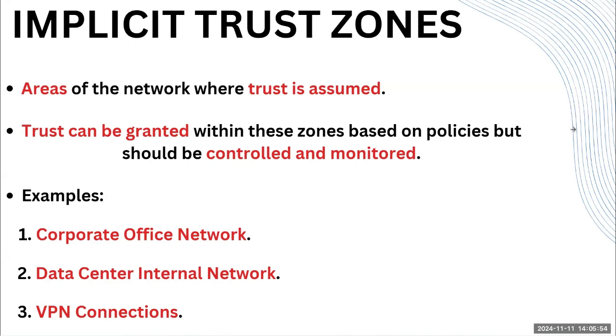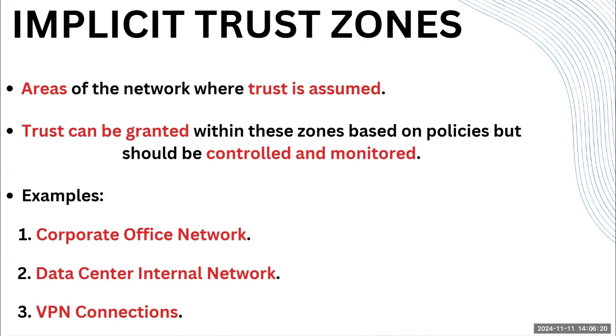So when we were talking about the implicit trust zones, we have certain areas of the network that are trusted by default. And there is a contradiction in the statement, where we have certain areas that are trusted by default in a zero trust architecture.